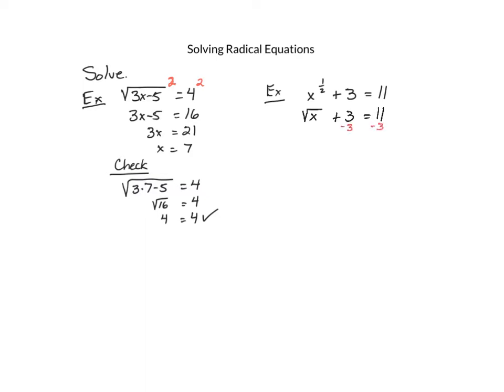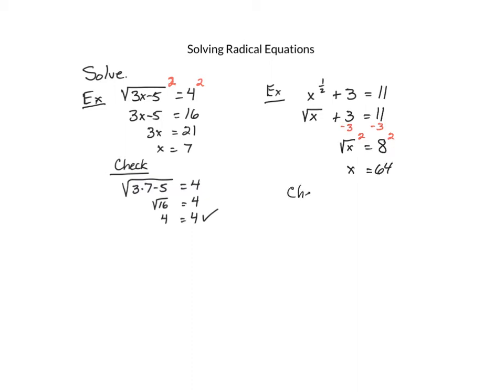Subtract the 3 from both sides, and then we'll have the square root of x equals 8. So when we're solving our radical equations, isolate the square root first, and then we can square both sides. So we have x equals 64.